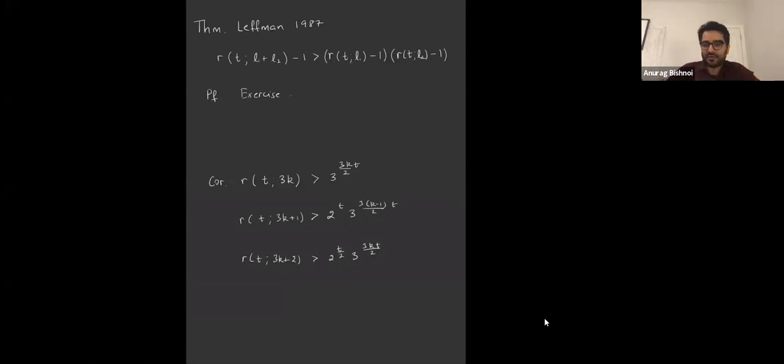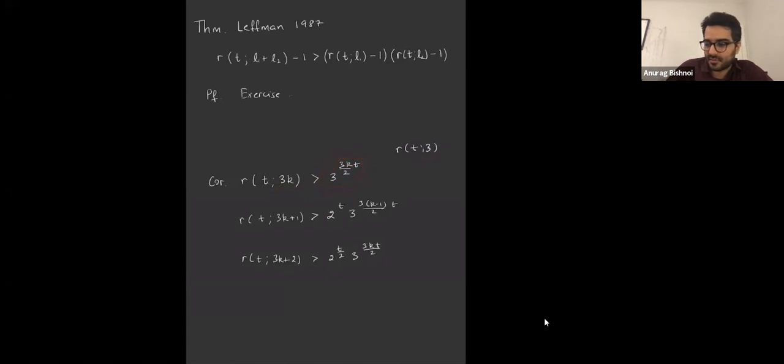Okay, and from this inductive thing, you can actually prove slightly better lower bounds. So for example, if your number of colors is 3 times k, then you can just repeatedly use the bound for R of t comma 3. You can add 3 k times, and so that shows up here, right?